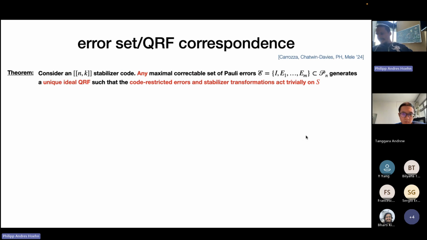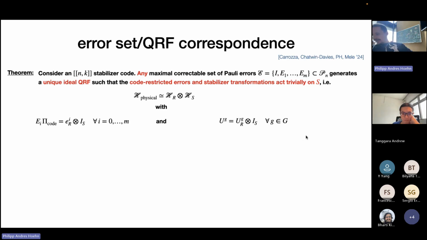The statement is that any maximal correctable set of Pauli errors, which includes the identity since it's part of the Pauli group, generates a unique ideal quantum reference frame such that the code's restricted errors and the stabilizer transformations act trivially on the system. What I mean by that is that any such maximal set of correctable errors defines a reference frame R.